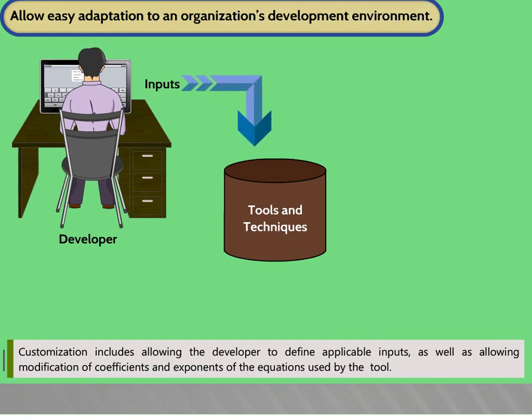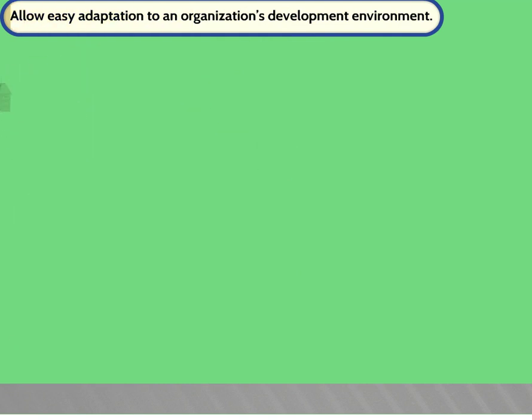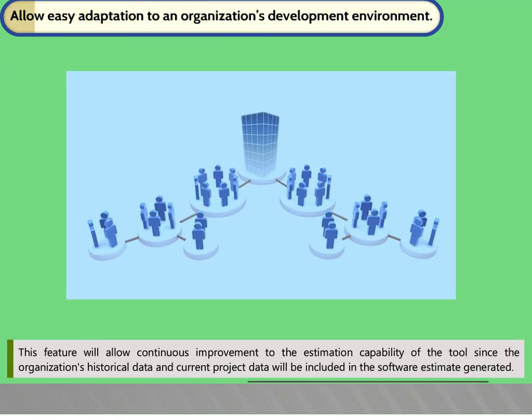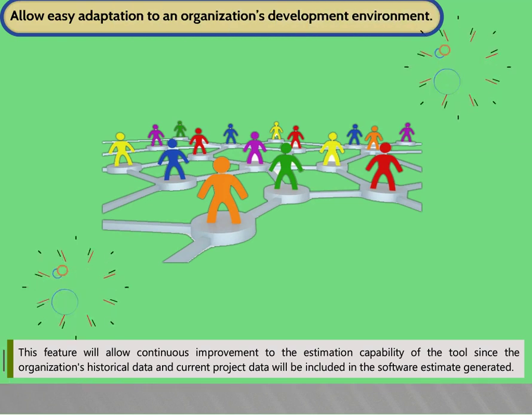Customization includes allowing the developer to define applicable inputs as well as allowing modifications of coefficients and exponents of the equations used by the tool. This feature will allow continuous improvement to the estimation capability of the tool since the organization's historical data and current project data will be included in the software estimate generated.